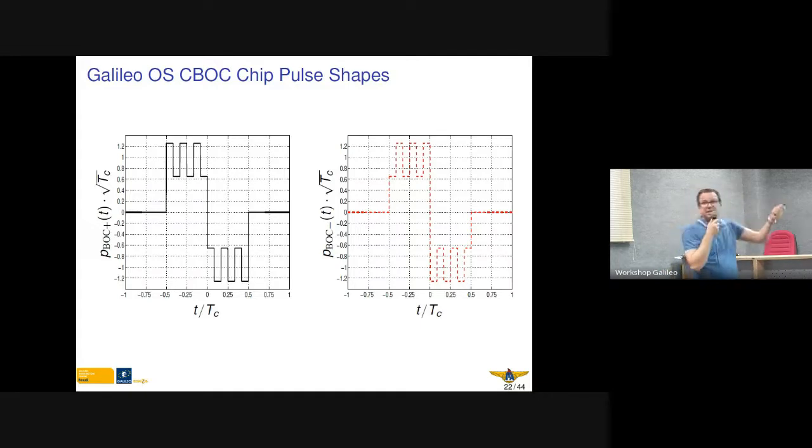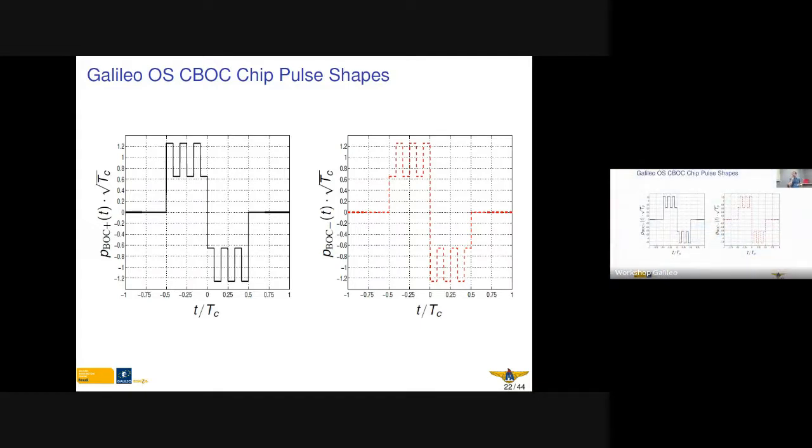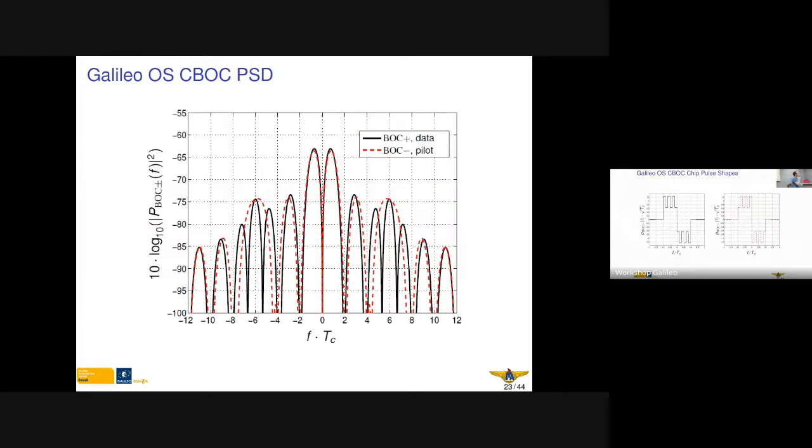This also indicates that in the future there may be more optimization, in the direction of optimizing the data signal more for data transmission and the pilot more for parameter estimation. In this open service of Galileo, this is still not driven too far. When we look at the autocorrelation function, we can see that the pilot signal is a little better for parameter estimation, but not that extreme.